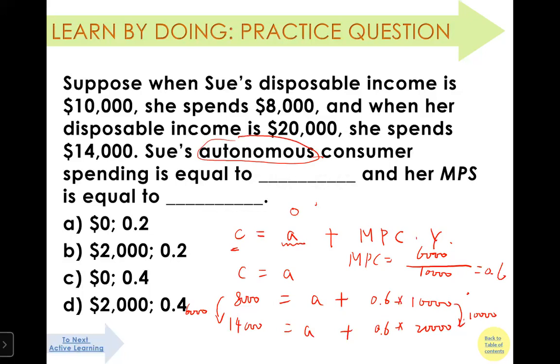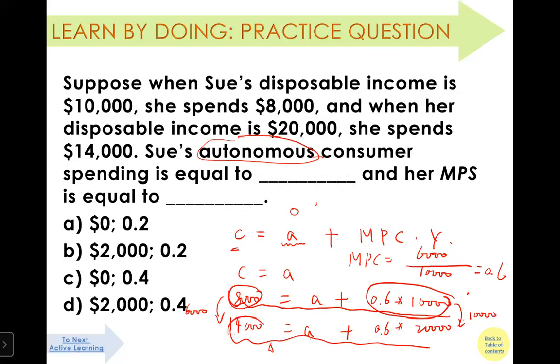It really doesn't matter whether you use this equation or this equation, you're going to find A, right? Actually, you can verify. In the first equation, A is 8,000 on the left-hand side minus 6,000 on the right-hand side, so A equals 2,000. In the second equation, A equals 14,000 minus 12,000.